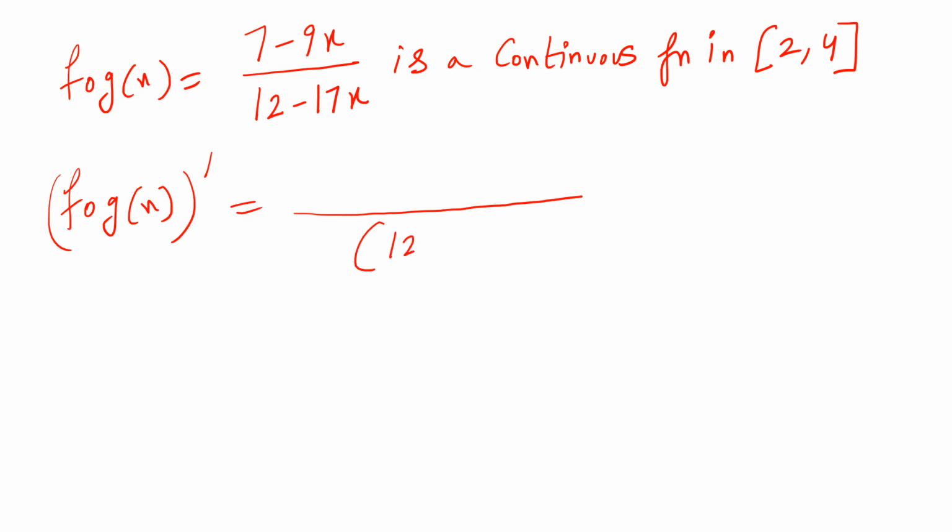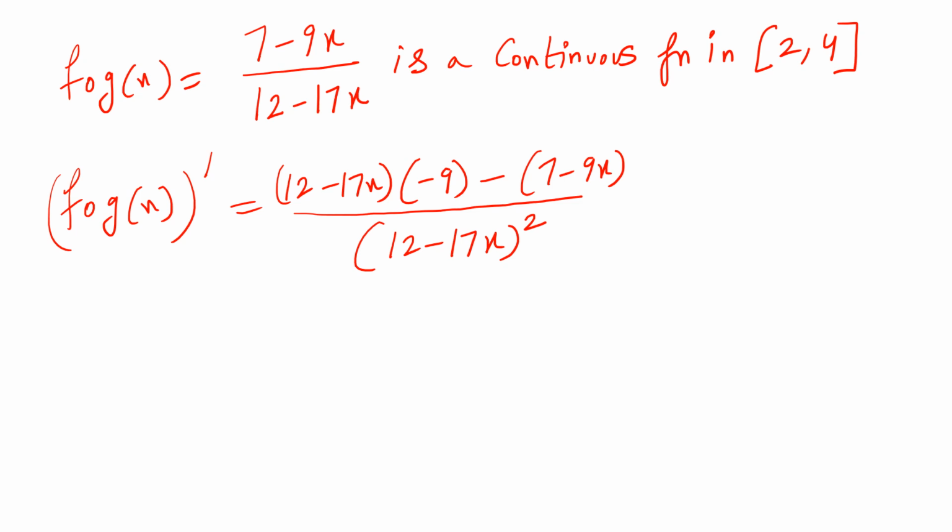So you will get (12 - 17x) whole square in the denominator, and in the numerator it is going to be (12 - 17x) into (-9), then minus (7 - 9x) into (-17).